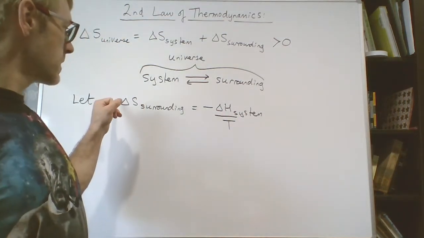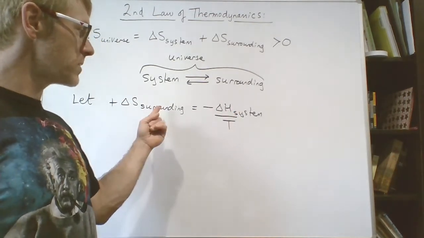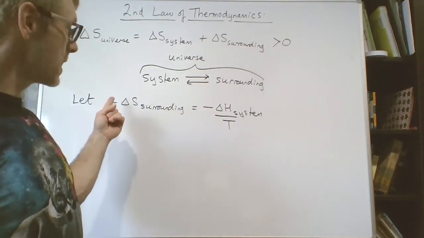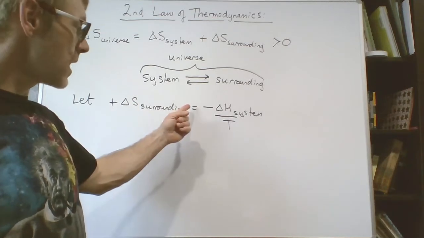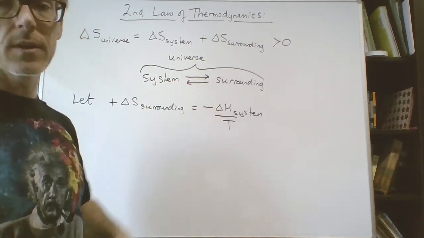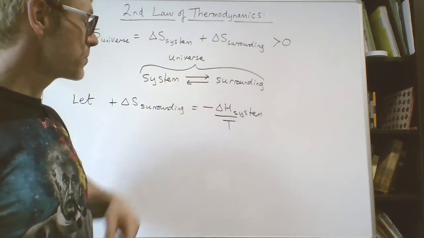So essentially, notice here I've changed the label surrounding and system, and I've changed the sign positive and negative. The change in sign because of the change in label is apparent based on our definition here, because they have different directions.